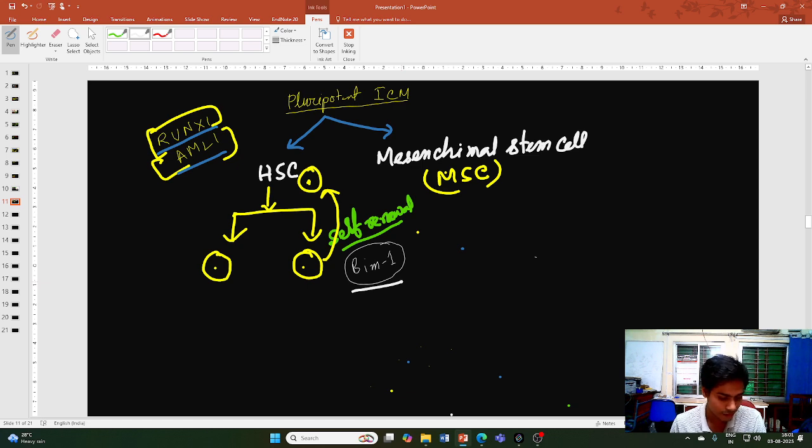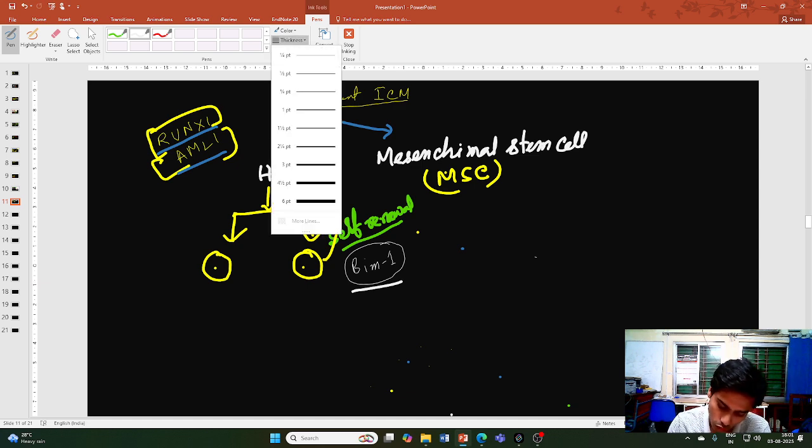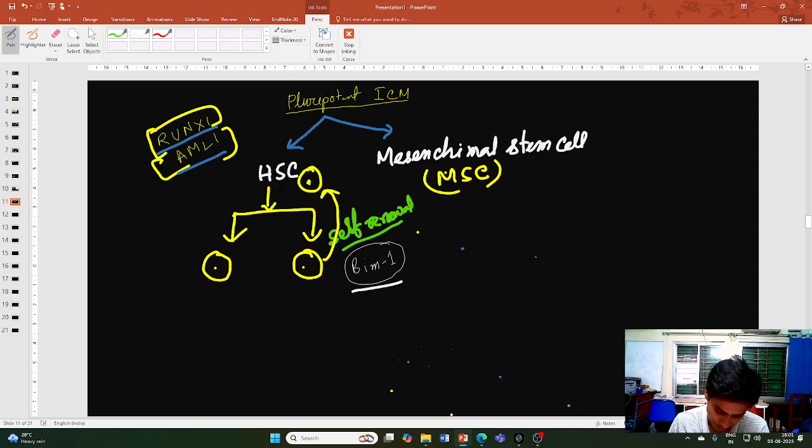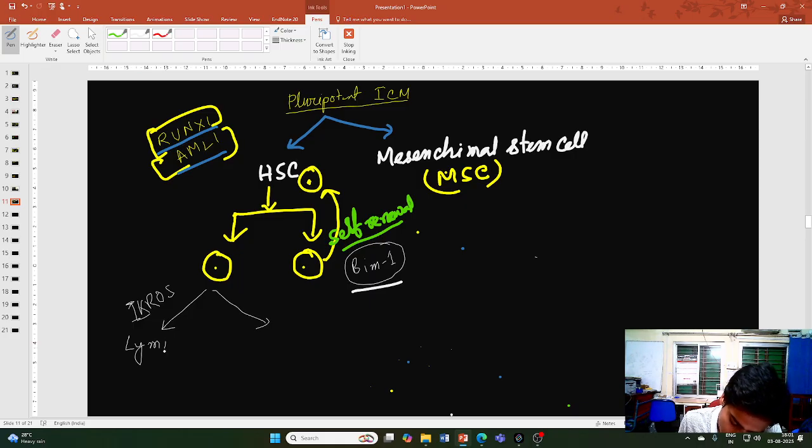Now another portion is controlled by two genes. One is controlled by the IKAROS transcription factor, which is mainly responsible for the lymphoid tissue. So one differentiation changes to lymphoid.